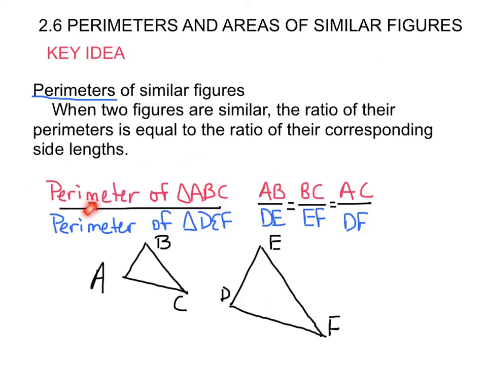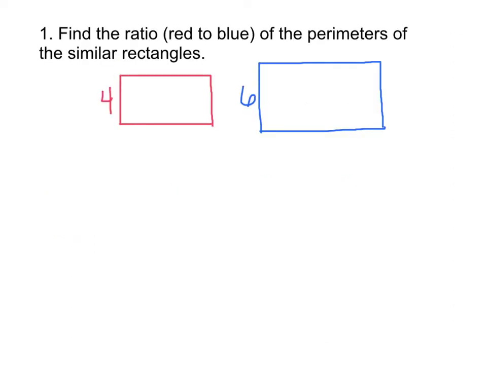The perimeter is also the same ratio as the fraction you're going to get for all of the sides. For example, if this was 4 and this was 8, you'd have a ratio of 4/8, which is 1/2. The perimeter would also be in that same ratio of 1/2. So let's do an example using this key idea.